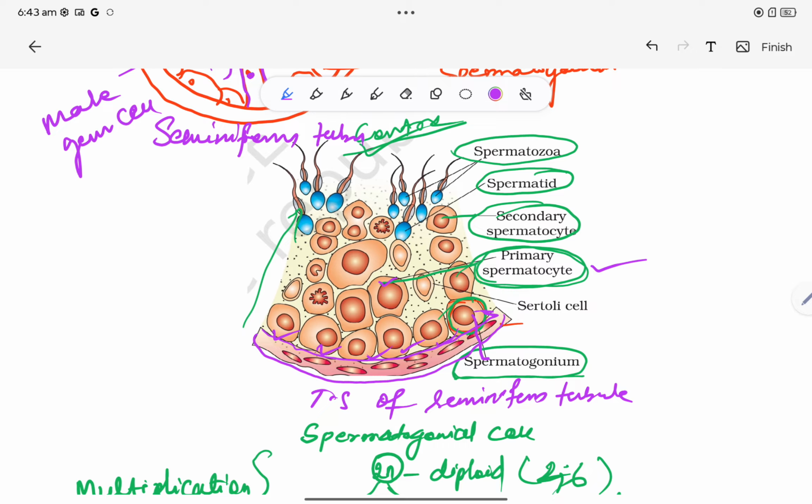Then the primary spermatocyte divides to form the secondary spermatocyte. So in the next layer you will find the secondary spermatocyte. Then the secondary spermatocyte forms the spermatid, and then spermatid forms the spermatozoa or sperms. So these are the sperms which are present at the center of the seminiferous tubule. Again, we will come to this diagram.